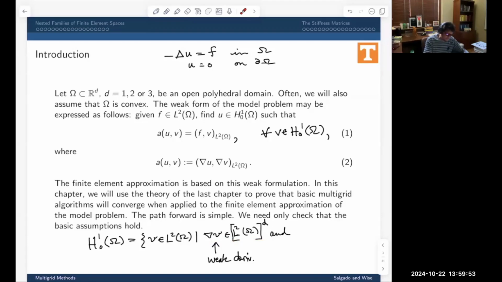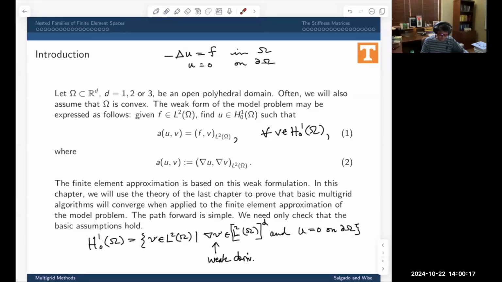And u equals 0 on the boundary. Now, those of you who know anything about PDE analysis know that these functions, which are defined to be a part of a Sobolev space, don't have point values. So what does it mean to say that u is equal to 0 on the boundary?